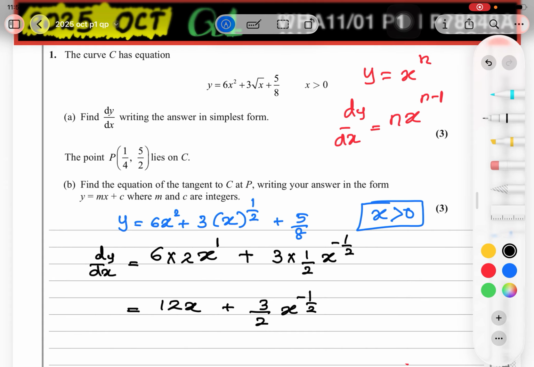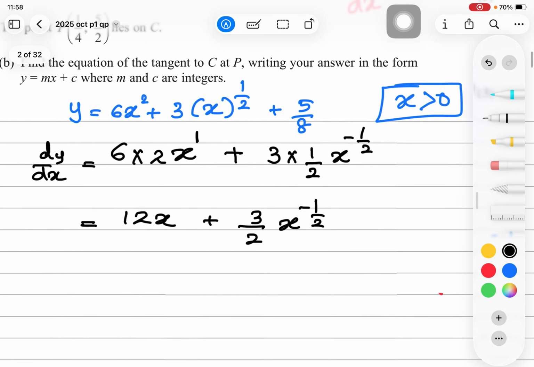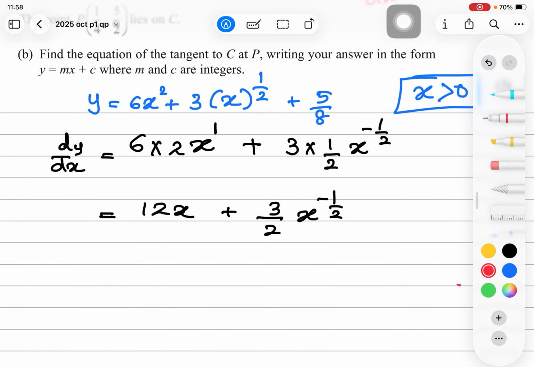Let me quickly explain how to handle the negative power. To remove the negative power, we can move it to the bottom. So 12x is kept as it is, this will be 3 over 2, and this would be x to the power half. We can take the reciprocal.